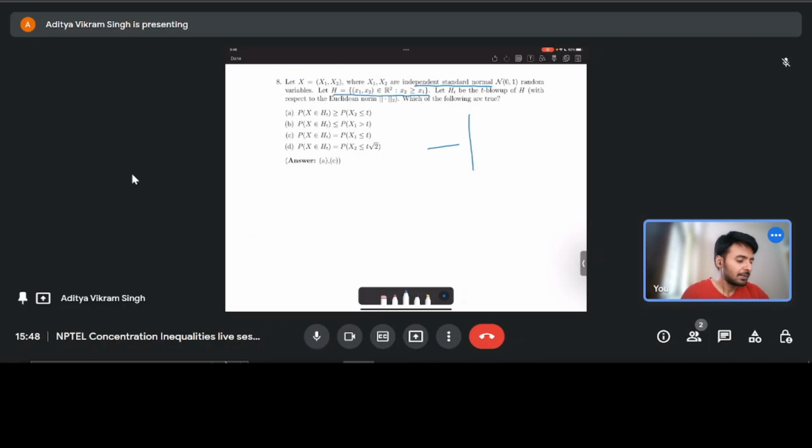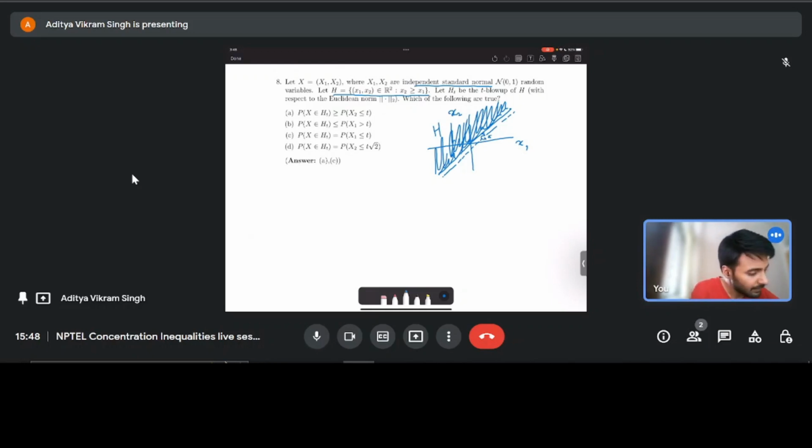Let this be the x1 axis, let this be the x2 axis, and so the H set is everything above this line, right? Let H_t be a t blow up of H. So H_t would be everything above this line, but also everything above this other line, and this distance here would be t.